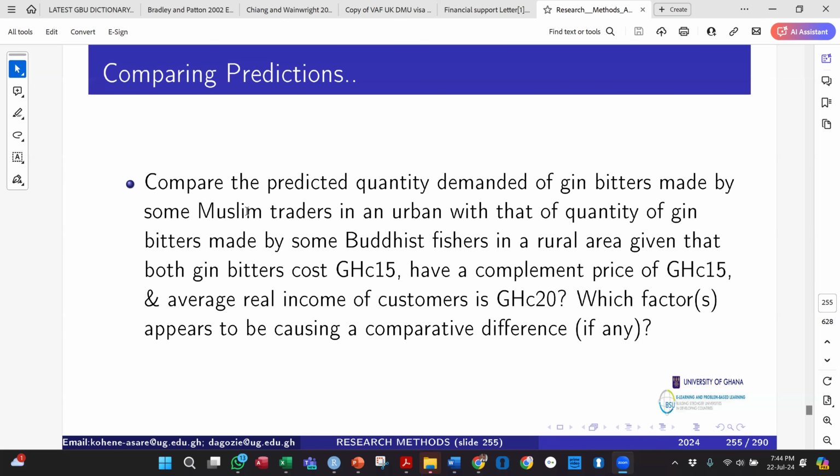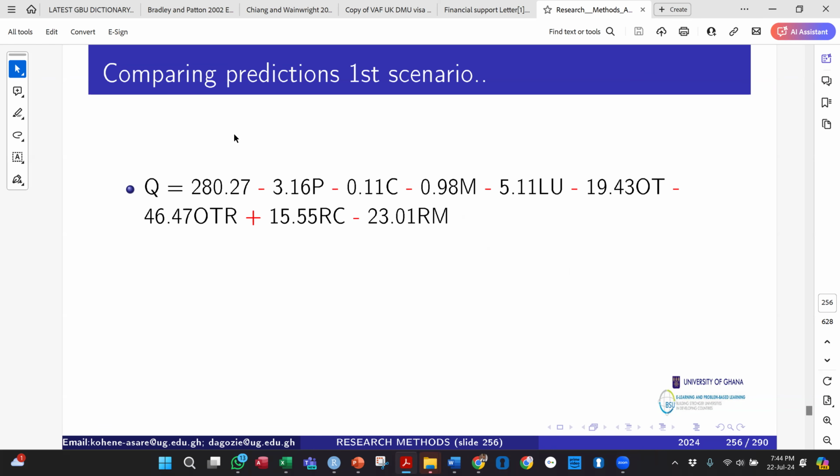So we have to do the quantity demanded. Now this will follow from the equation that we wrote. I'm going to show you the equation, but remember that in reality, those were not the names that were used. If you can remember, the name that was used for LU here was Loc Urban.